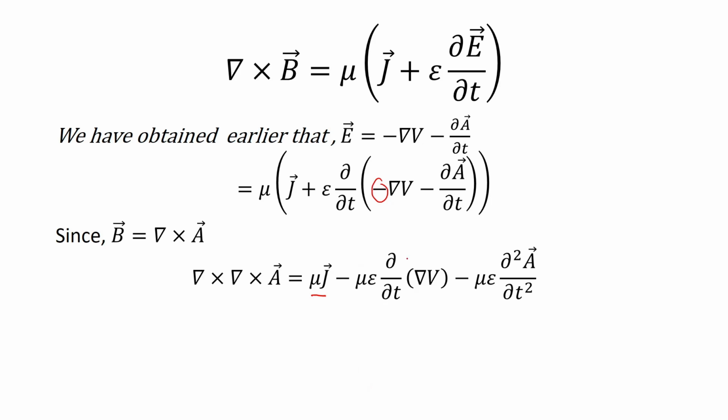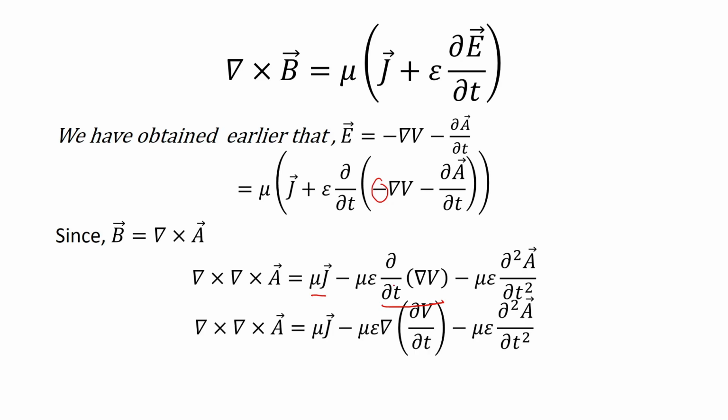And I can modify this expression by changing the order of differentiation. I can rewrite this as mu J bar minus mu epsilon times the gradient of dou V by dou T minus mu epsilon times the double differentiation of A bar with respect to time.